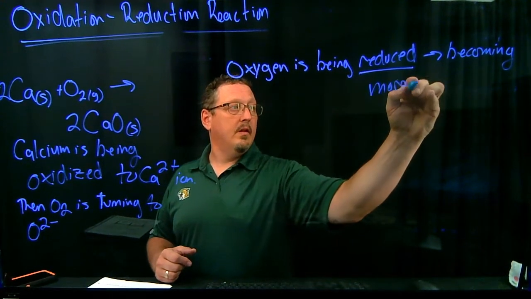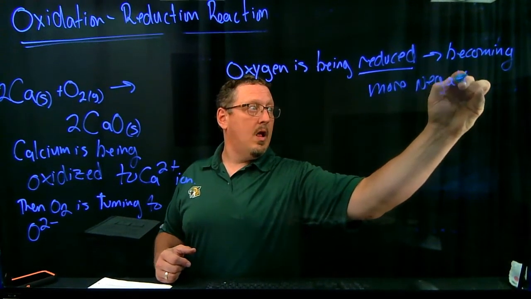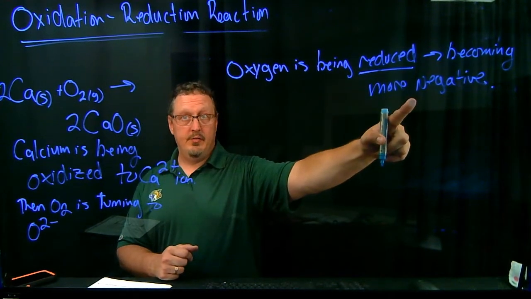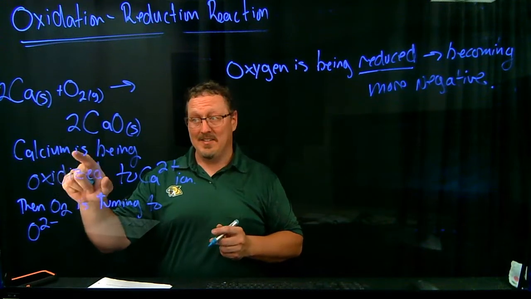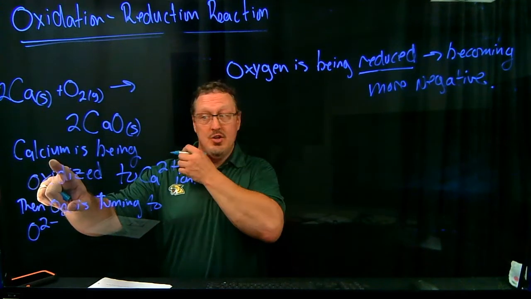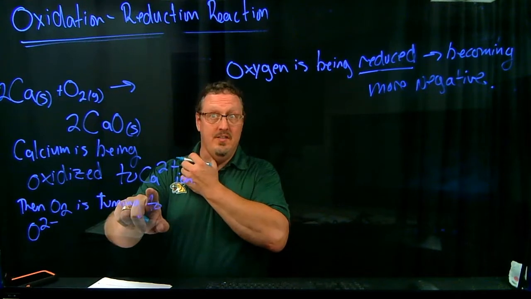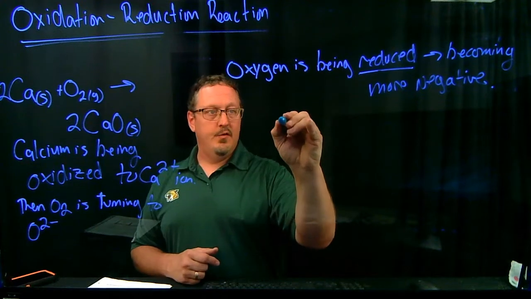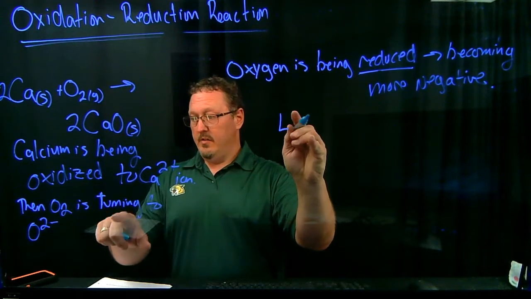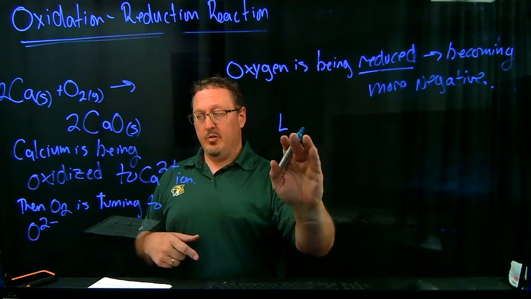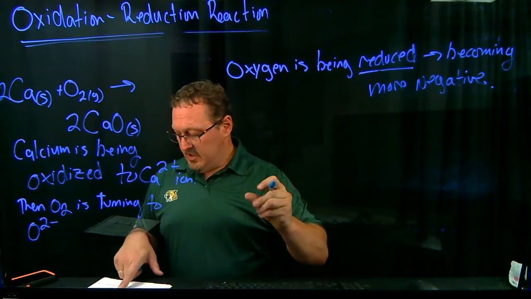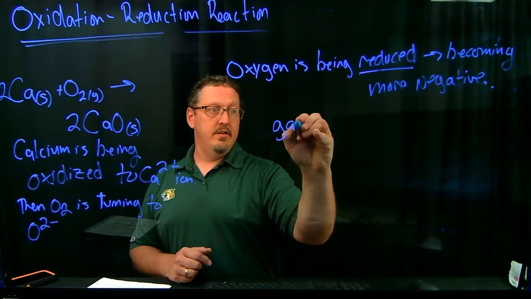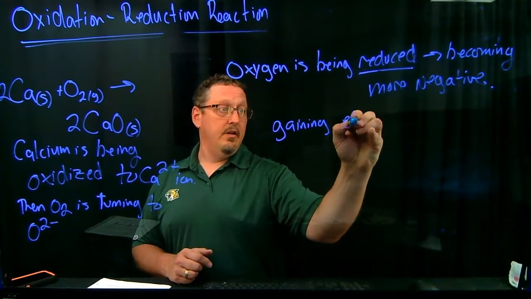So something that is being reduced is becoming more negative in charge. Something that is being oxidized is becoming more positive in charge. And so the calcium is turning into Ca2+. Now, losing electrons, we already said, is oxidation. Gaining electrons is reduction. Okay? So gaining electrons is reduction.